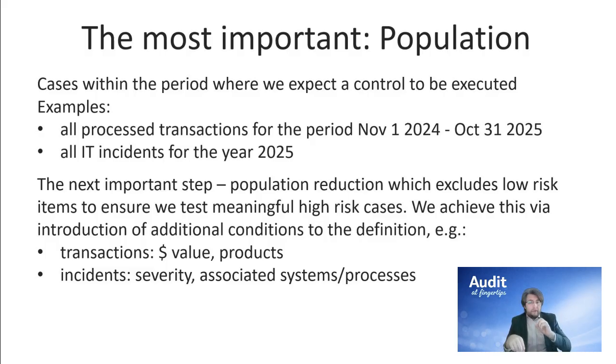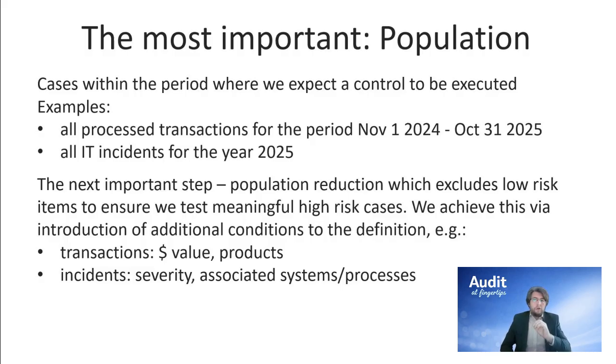However, the next important step, very important, is reduction of the population. Why it's important and why we should do it all the time. First of all, population reduction doesn't mean we're trying to do less work. It's about focusing on high-risk items. Because look, every sampled item will require equal time for the test, right?